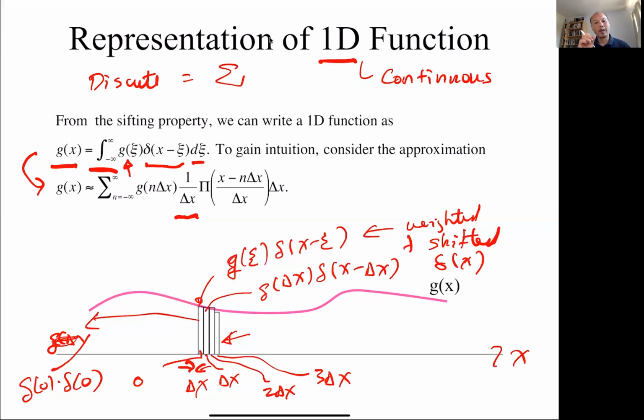Because when you're dealing with Dirac delta functions, that minus thing is really important because it tells you where that Dirac delta function is located. And similarly, if we take this one, it would be g of 2 delta x times delta of x minus 2 delta x. Okay, does that help explain it? Okay, great.